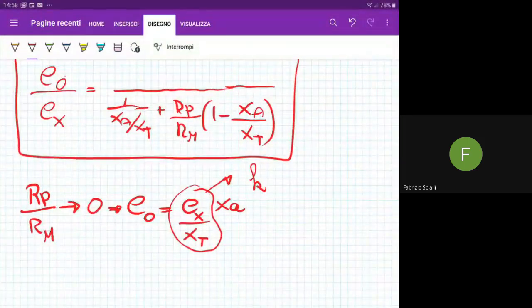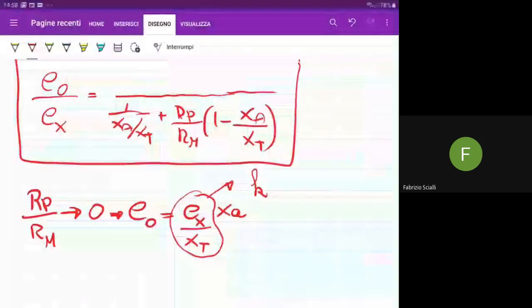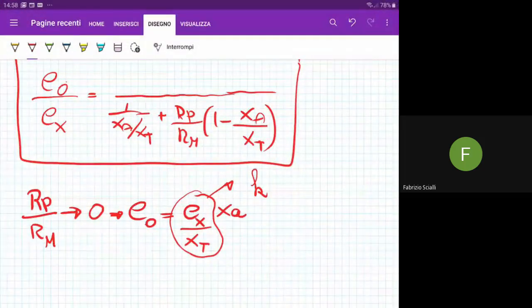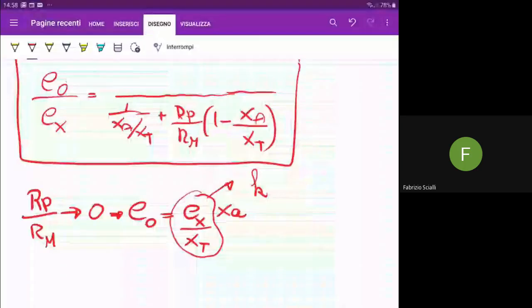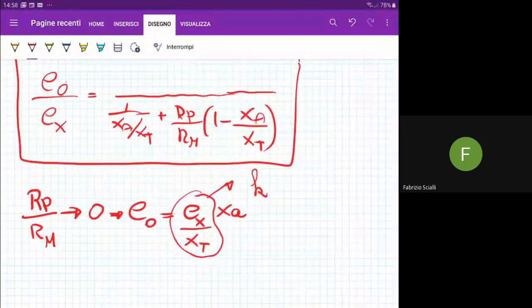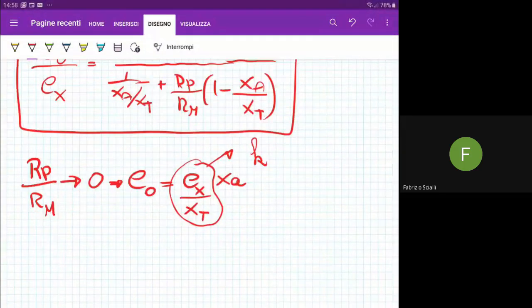If these two, potentiometer and measuring device, differ by one order of magnitude, with the measuring device larger than the potentiometer, then you can say that approximately your output tension is a linear relation, the one shown here, of your unknown displacement X_A. The constant is the ratio of the input tension divided by the maximum displacement.